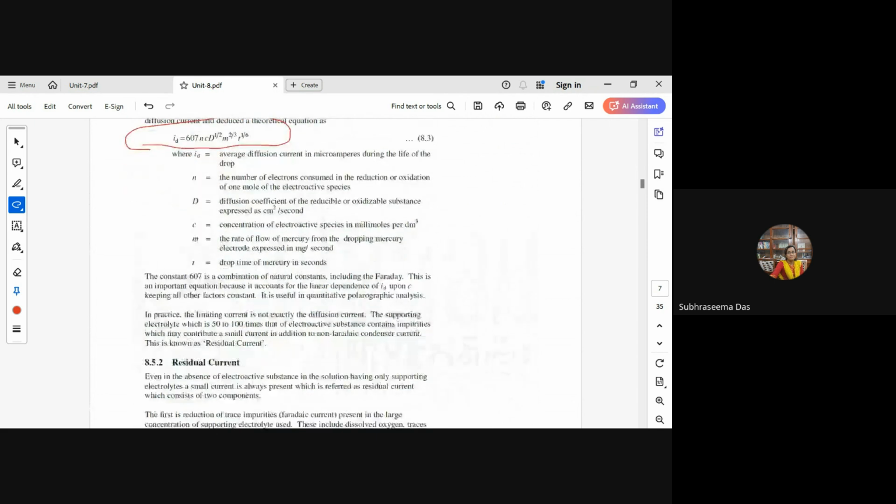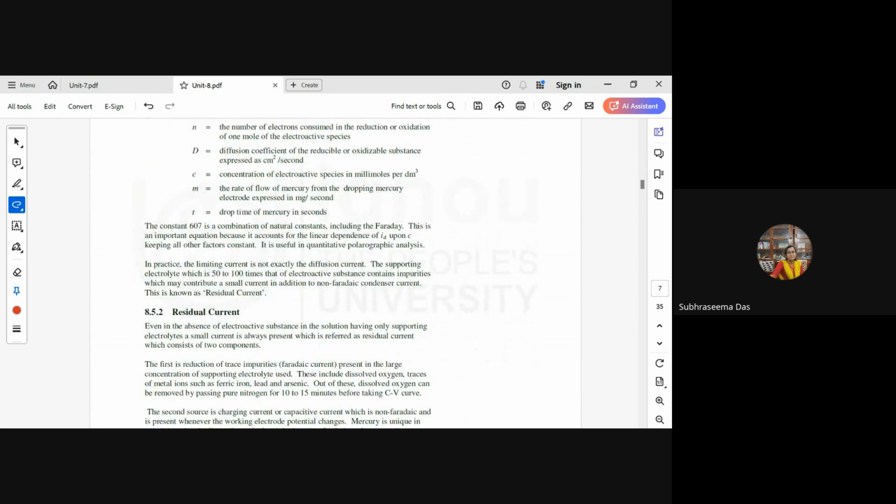Here a constant 6.7 is present, which combines all the natural constants including Faraday and other factors. This is an important equation because it shows the linear dependence of ID, the diffusion current, on C, the concentration of the electroactive species, the reduced or oxidized species in solution. However, in actuality, the limiting current is not exactly the same as the diffusion current.